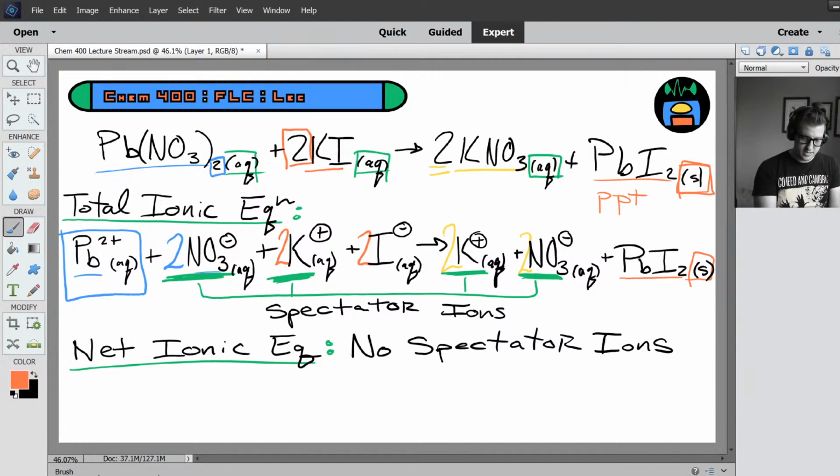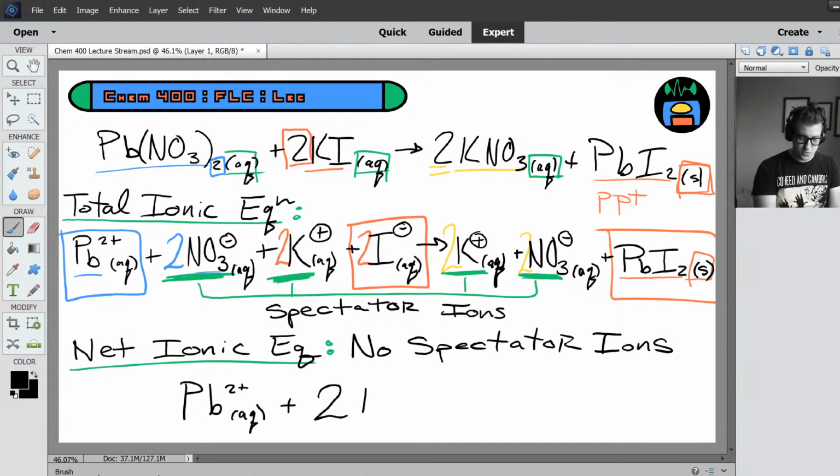So lead 2, 2 iodides, and then our solid product. So the net ionic equation would simply be Pb2+ aqueous plus 2 iodide anions, also aqueous, producing lead 2 iodide solid.